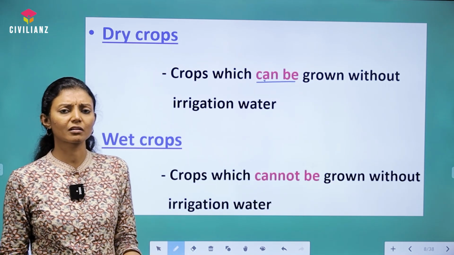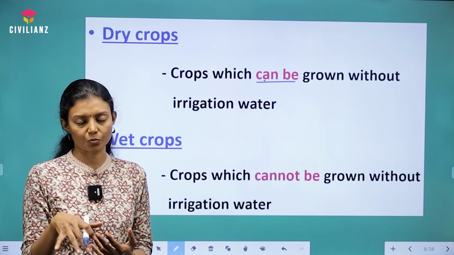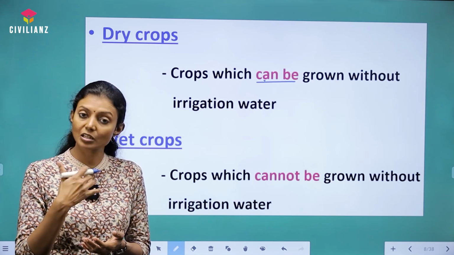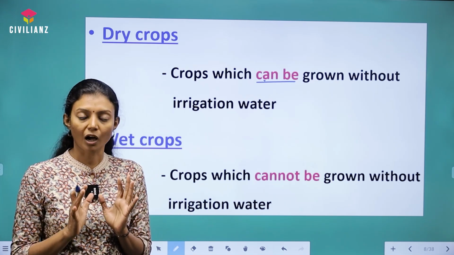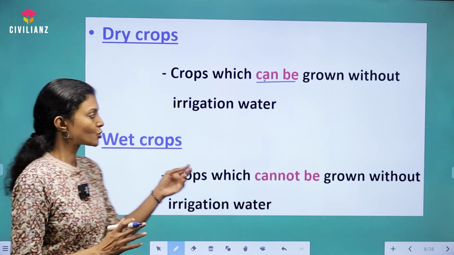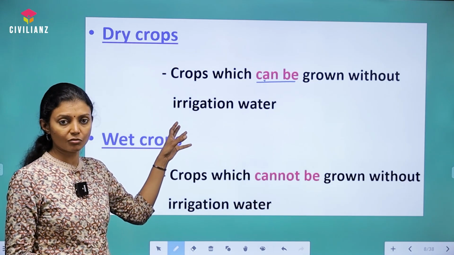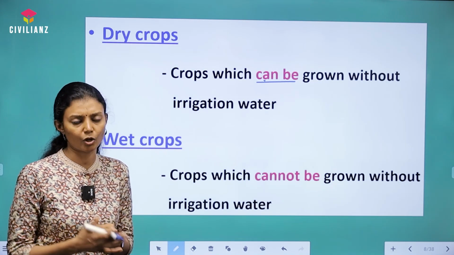What do you mean by irrigation water? The water which we are artificially supplying to grow the crops. The subject irrigation itself indicates the process of artificially supplying water to the soil for raising crops. So if you can grow a particular crop without irrigation water, then you can call it a dry crop.